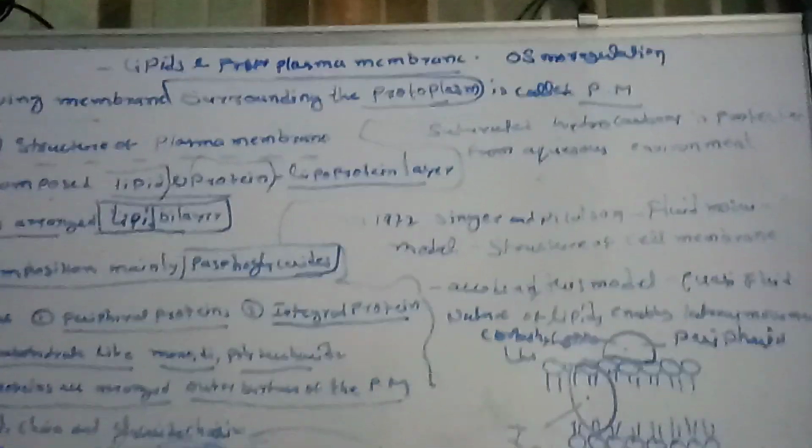Next one, integral proteins. Listen here: the integral proteins are buried in the membrane. How many types of lipids are present? This is the lipid composition. This is one lipid particle.